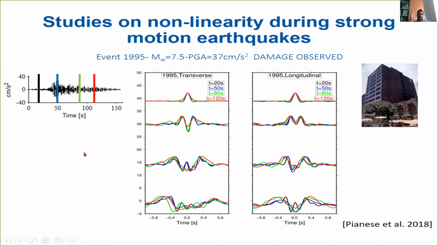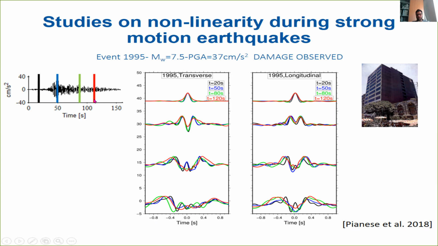So it is a sort of reference because the shaking is small. Then we have a window at nearly 50 seconds, when we have a very large shaking, which is this blue window, and then we enter the coda of the seismogram, and then the deep coda with the red windows.